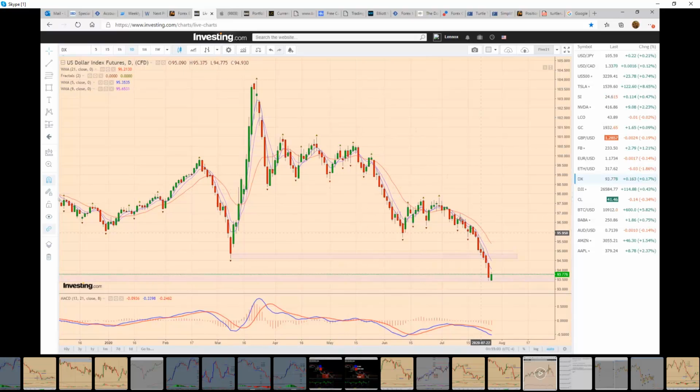So U.S. dollar right now, right on the support level, and we've got a green bar, so it's bouncing. However, you can see that our EMAs are pretty wide apart. So it's telling us that there's still a lot of weakness here. Well, yes, we could get a bounce, and that's what it looks like it's doing, at least in the short term. Okay, so again you could draw trend lines.